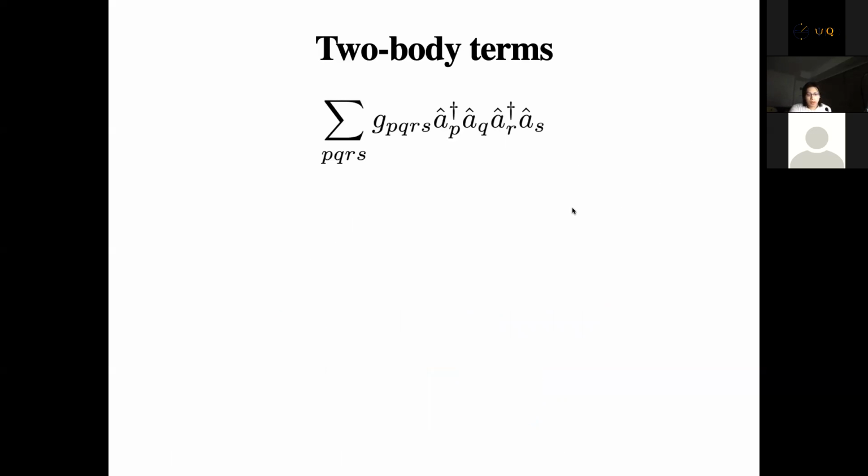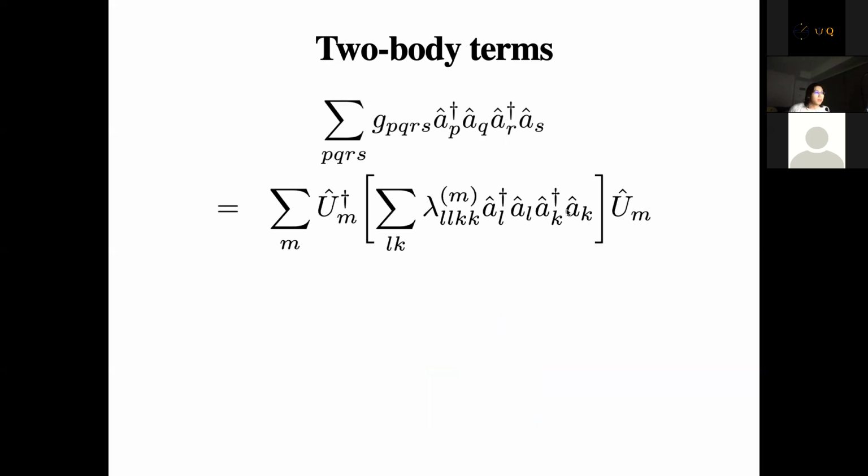So the one-body terms are dealt with, and our Hamiltonian consists of only these two-body terms with g_pqrs tensors. Following the same idea, we want to write it in a form that we can measure.